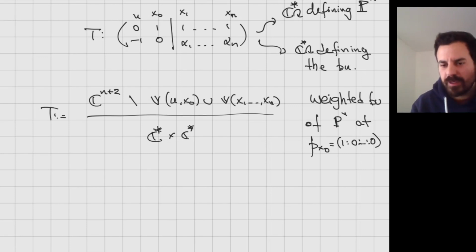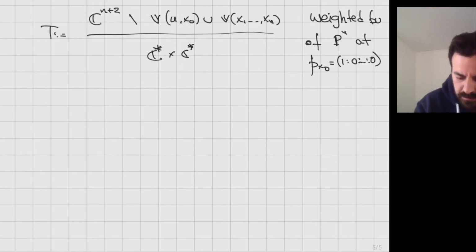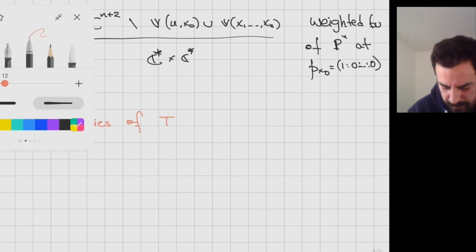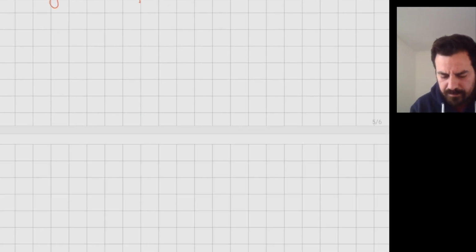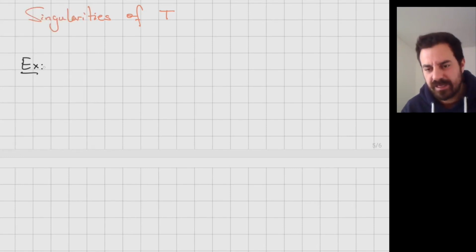Okay, so what we have to understand is the singularities of this guy. And maybe I won't go into too much detail because this can be very messy. But let me make an example.